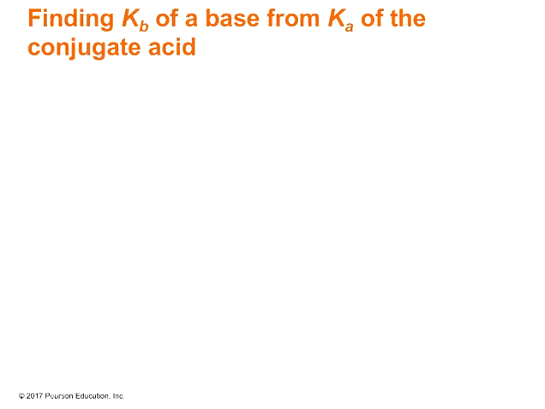So as an example, let's say that we have the Ka value for acetic acid, which is C2H3O2. So this is acetic acid. And its Ka value is 1.8 times 10 to the negative 5th.